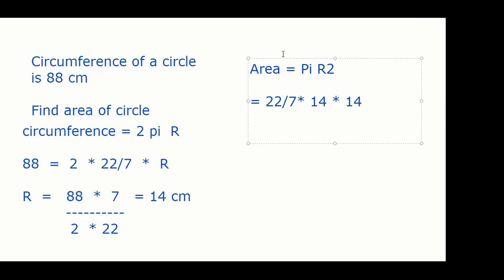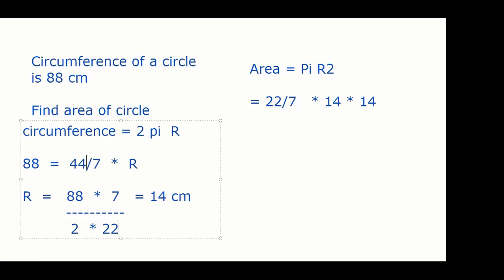Sir, I had a doubt. Yes. Sir, like 88 into 7 divided by 2 into 22, how did you get 14 centimeter? You take all 22 by 7 this side. What is 2 into 22? 44. Let me write it. Because this is a denominator. This is 44, right? This is into R. This is all numerator.